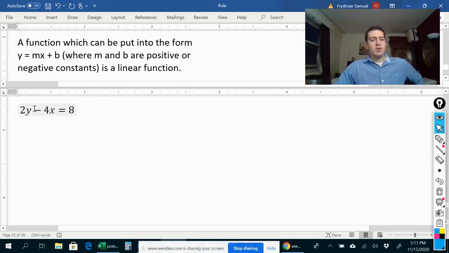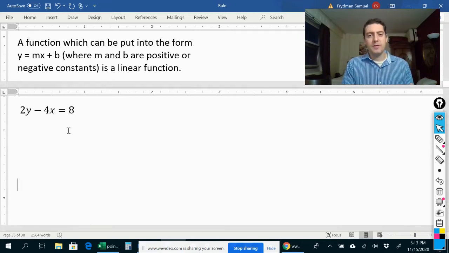I have x and y both on the same side of the equal sign. They're both on the left here, whereas in here I had the y on the left of the equal sign and the x was on the right side. So it doesn't look like this equation is in slope-intercept form, and it's not in slope-intercept form right now. But the question is, can I fiddle around with it and get it into slope-intercept form?